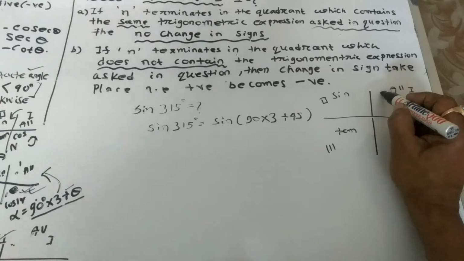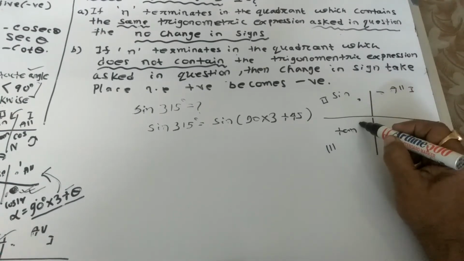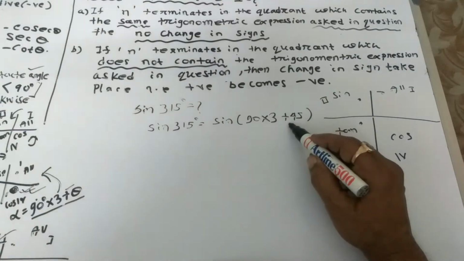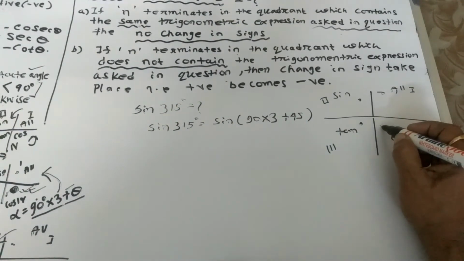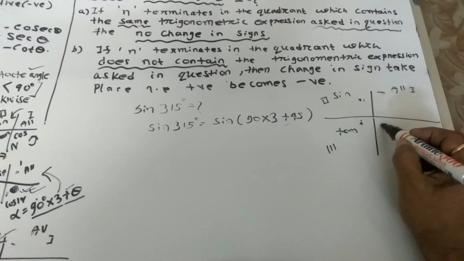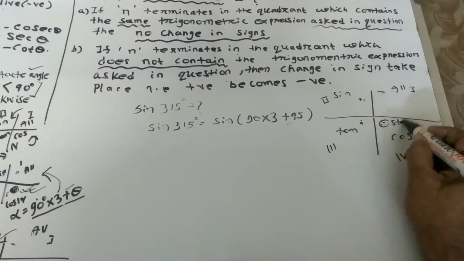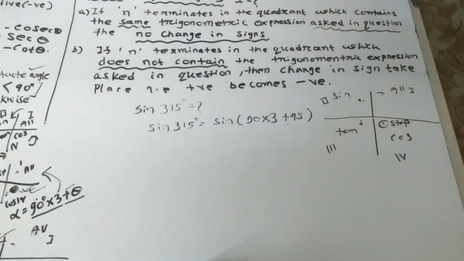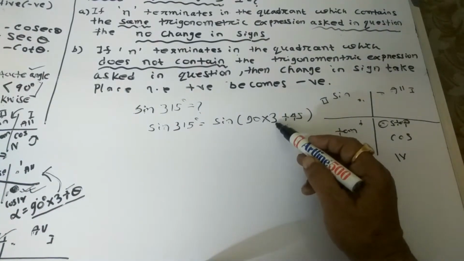Before that, let's check the odd and even numbers. First check the first part of step 1. So it is terminated in which? First, second, third. Plus sign is there, so you move to the fourth quadrant. See, the fourth quadrant contains cos, but sine is given. So it contrasts. It is not the same. That is sine, but we have counted cos in the fourth quadrant.